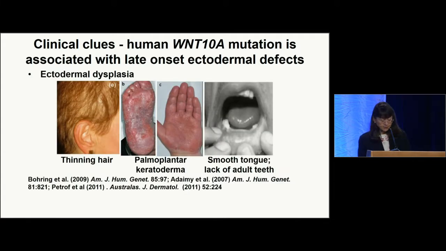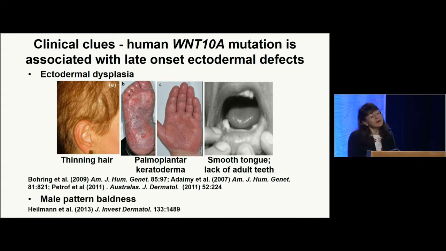So in these patients with severe loss of function mutations in Wnt10A, we see adult onset of defects such as thinning hair, palmoplantar keratoderma, and a smooth appearance of the tongue, as well as a partial or sometimes even complete lack of secondary dentition. In addition, a variant of Wnt10A that's associated with lower expression levels has been associated also in GWAS studies with male pattern baldness.